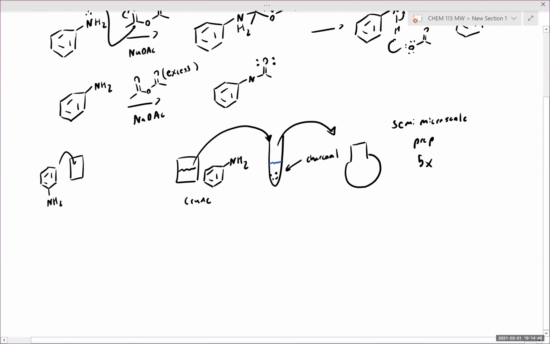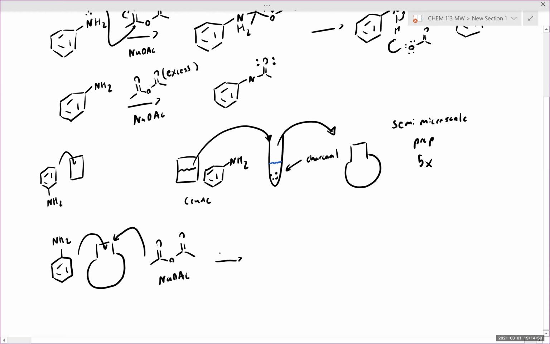So in our reaction flask, we're going to add our aniline, the acetic anhydride, and our sodium acetate. This reaction occurs quite readily at room temperature. We will observe a solid that we will isolate via filtration in the Hirsch funnel.